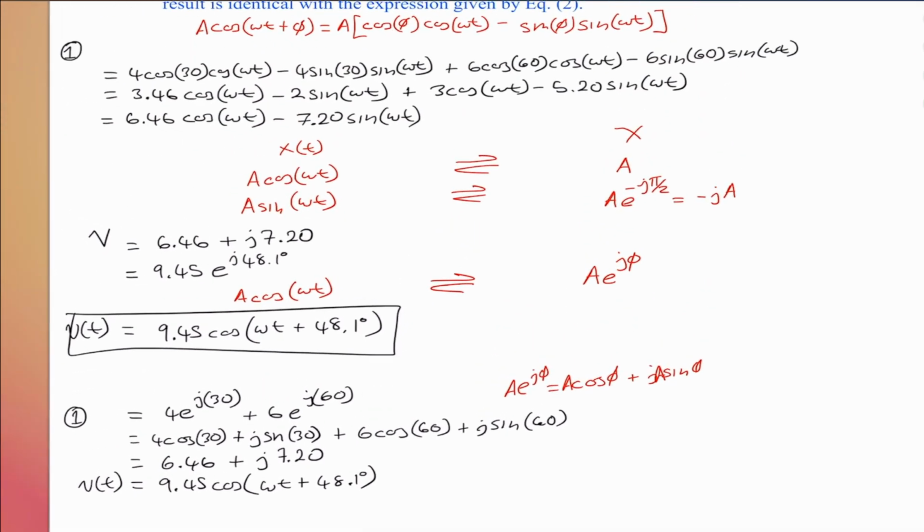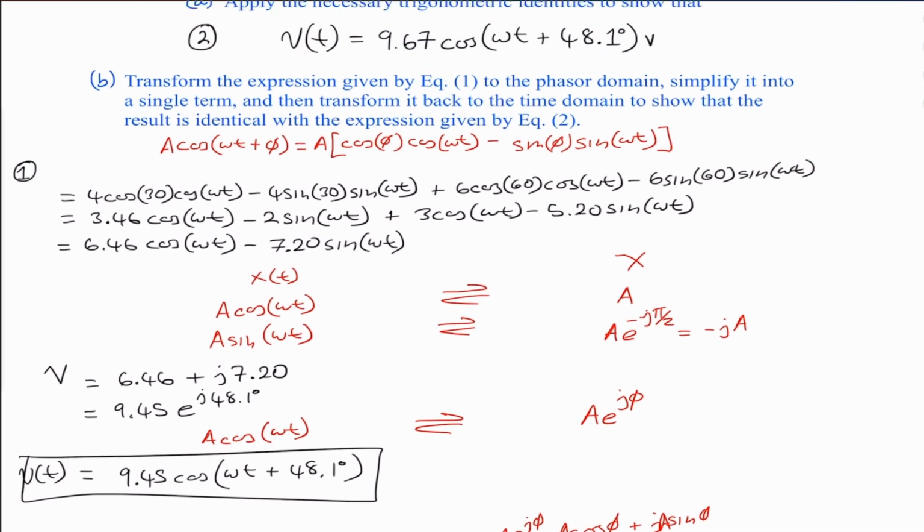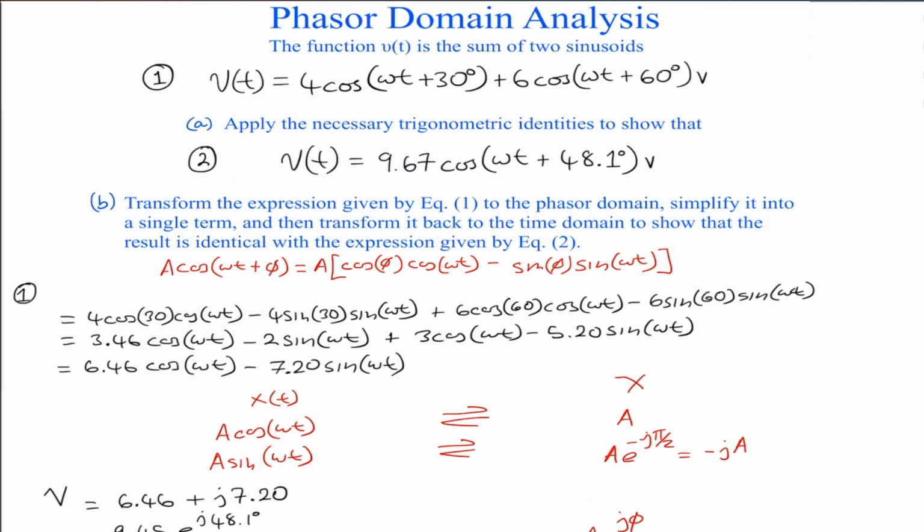Both routes lead to the same answer. We can either use our trigonometric identities and then solve for v of t, or we can just transform to phasor, then go back to time. So we go to phasor. If we need to add, we go to rectangular form, add, and then go back to time.